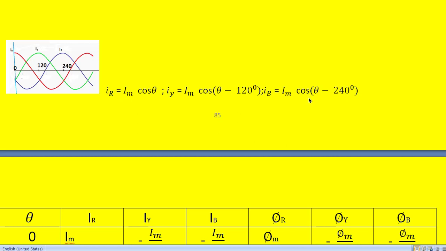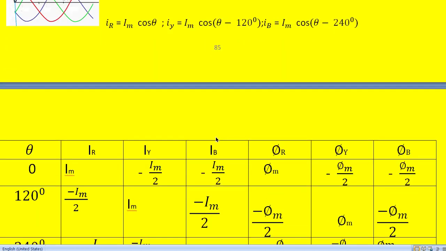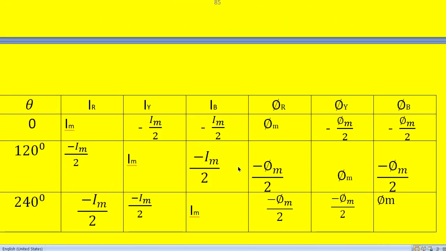So where is IB at 240 degrees? This is the 240 degrees and this is the IB waveform, and it is reaching its maximum value, that is IM. That we can see in the table also. So at 240 degrees, B phase is reaching maximum value.